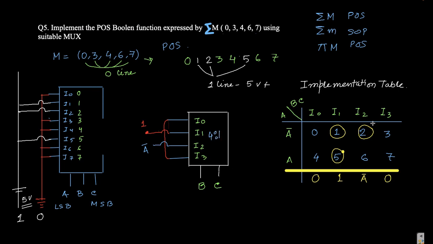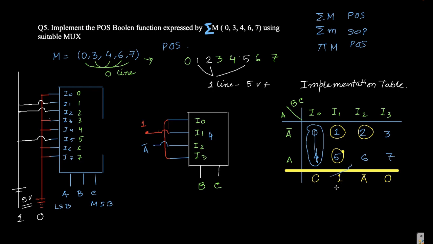Again, you have to draw the implementation table. First, whatever the given numbers are, keep them intact. The numbers that are not given, 1, 2 and 5, just mark 1, 2 and 5 over there, and depending upon that you can find that when no selection is there, then it is 0.